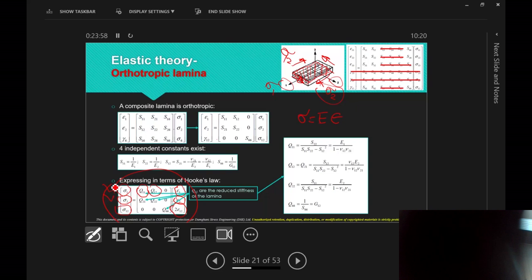Q12 again involves modulus of elasticity in direction 2, Poisson's ratio and all of that. Q22 is modulus of elasticity in direction 2, and all of that given. Q66 is essentially shear modulus. It's not difficult.